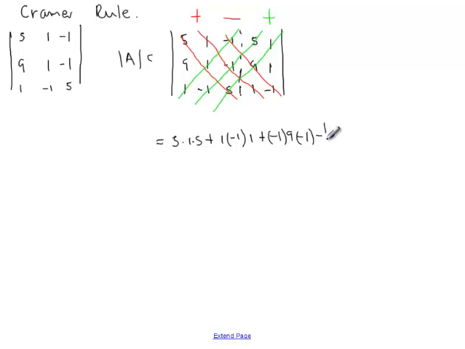Minus 1, 1 and 1. Plus 5 minus 1 minus 1. Plus 1, 9.5.